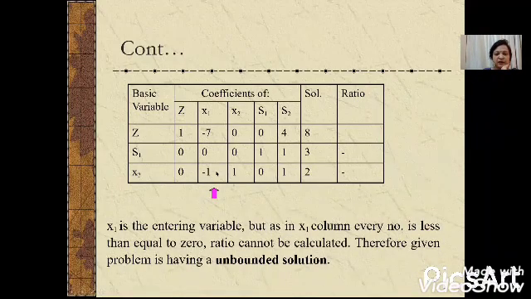The first row and last row ratios are negative, and corresponding to the S1 row we are getting infinity. So here x1 is the entering variable, but as in the x1 column every number is less than or equal to 0, the ratio cannot be calculated. So in this problem we get an unbounded solution.